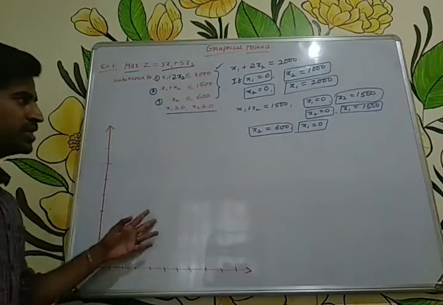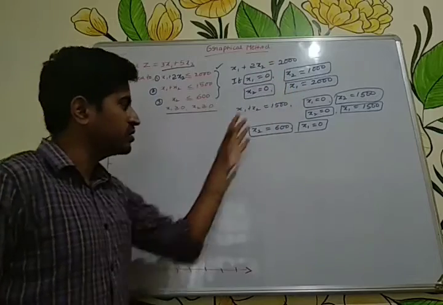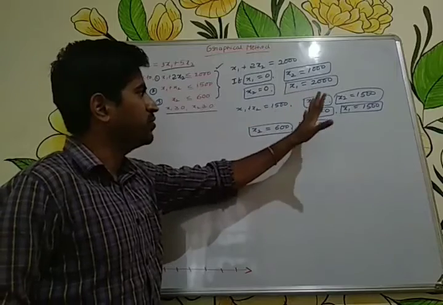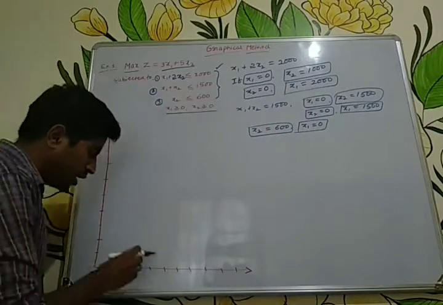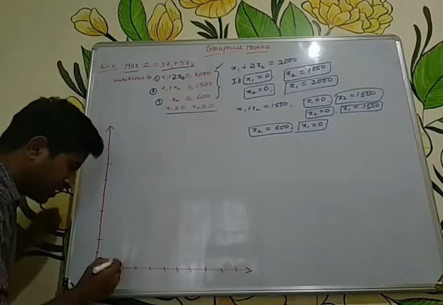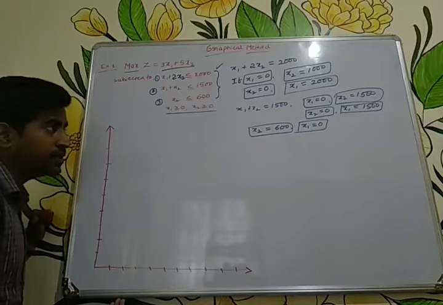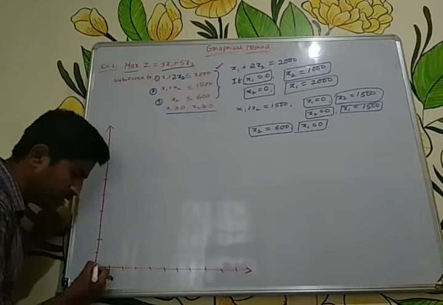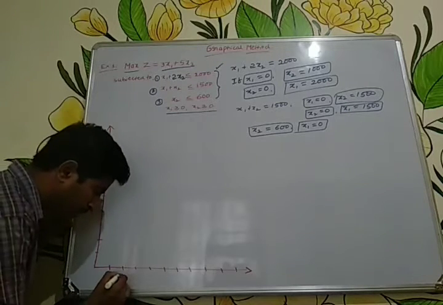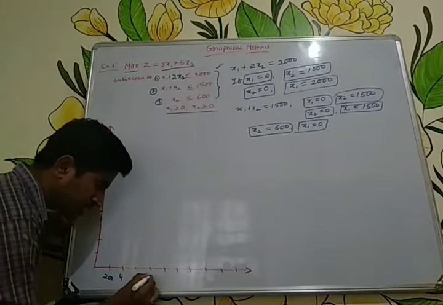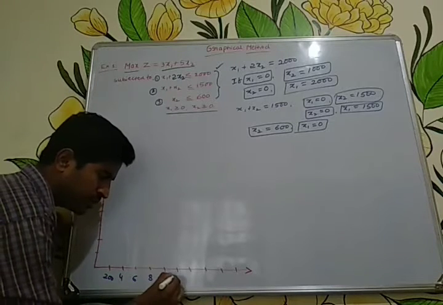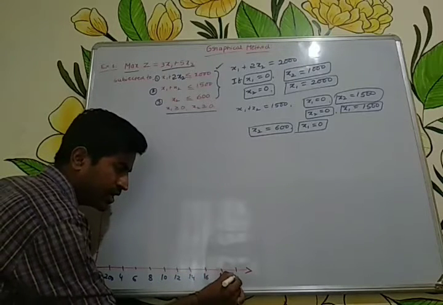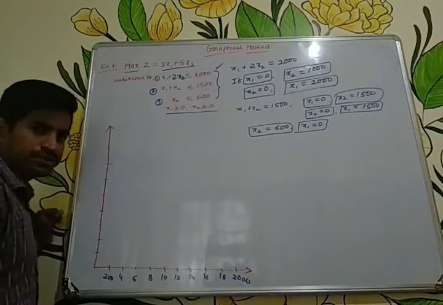Now the second step is to put all these values in a graph. What is the maximum value of x1? It is 2000. I have already noted the points, and I will draw by taking a suitable scale. As it is 2000, let us take 200 for 1 centimeter. This is 200, 400, 600, 800, and this is 1000, 1200, 1400, 1600, 1800, and this is 2000.